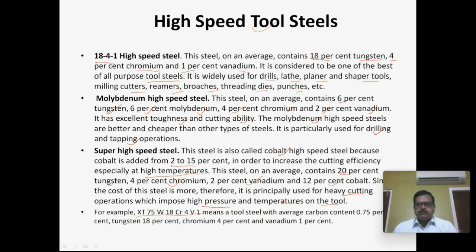It means it's a tool steel where average percent of the carbon is 0.75%, W stands for tungsten, that is 18%, Cr stands for chromium, that is 4%, and vanadium 1%.